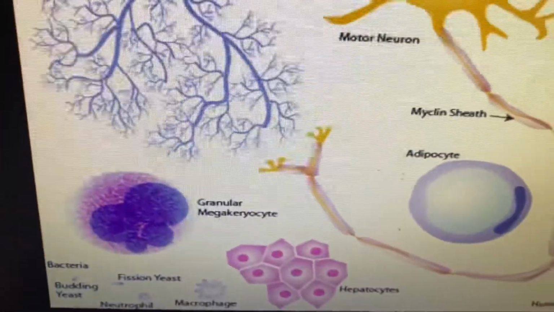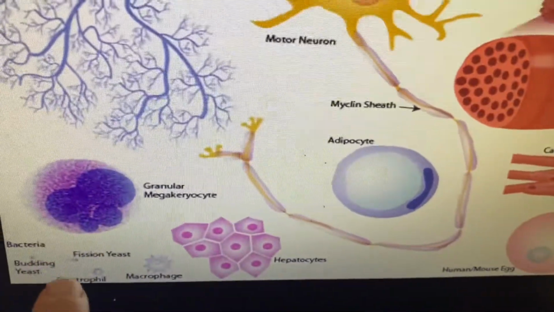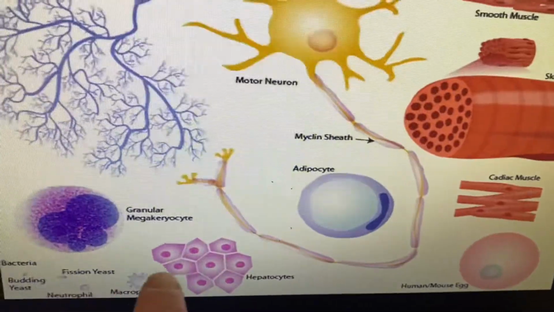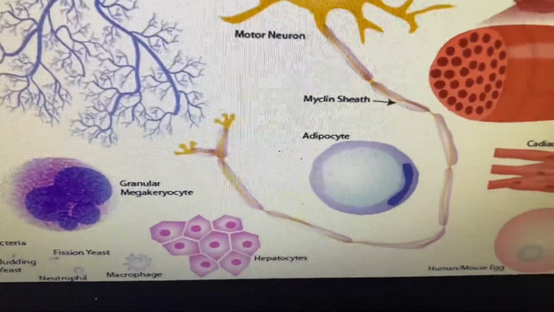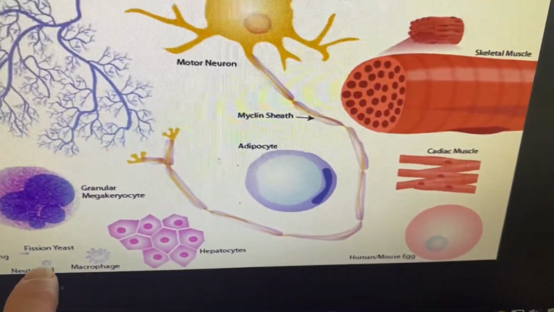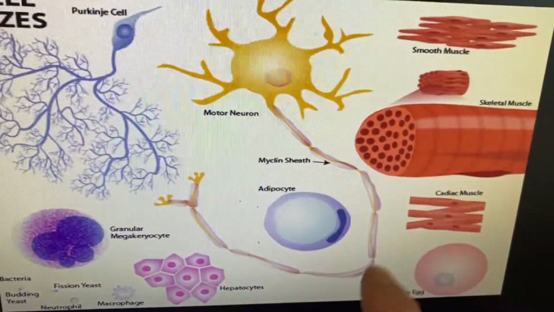And then we have, what do we got here? Oh, okay. So these are some of your immune system cells, which are macrophages and megakaryocytes. Their job is to protect, to eat bacteria and viruses, particles that they find. Your red blood cells are really small cells compared to other cells.